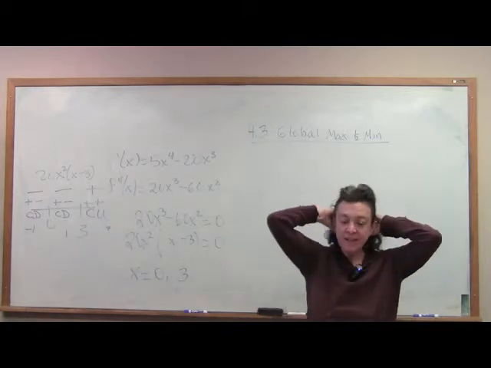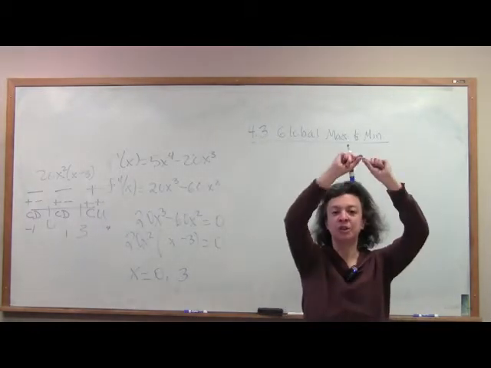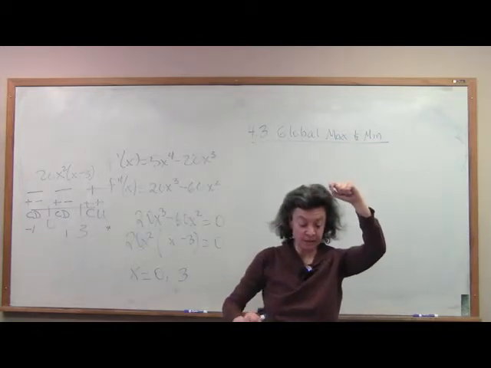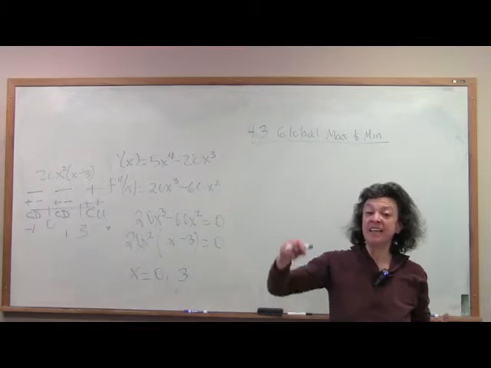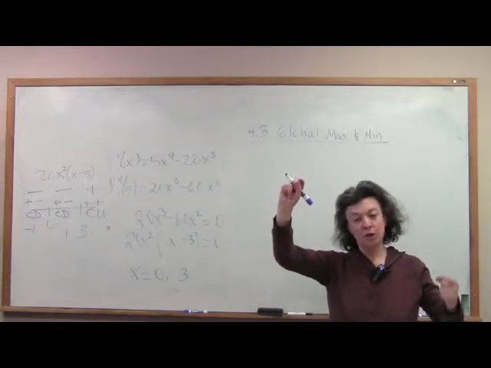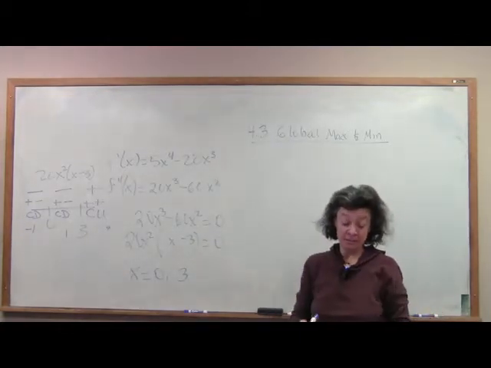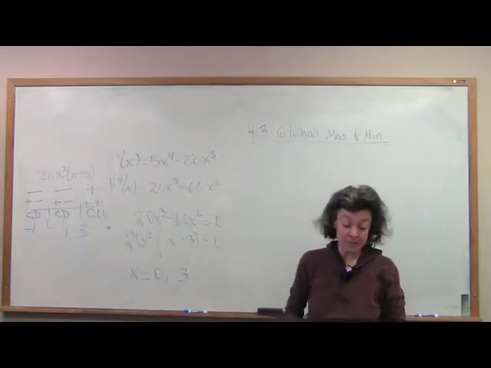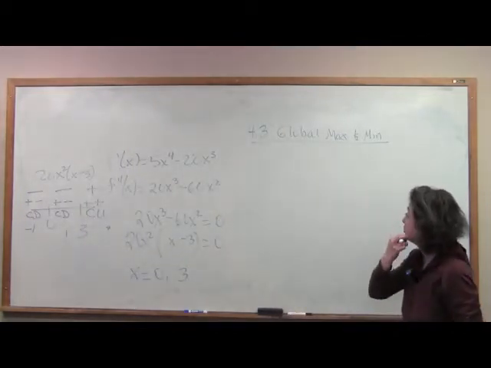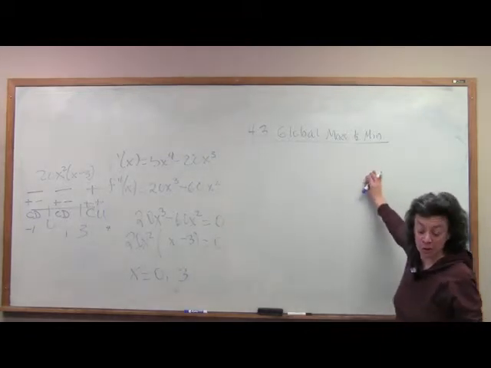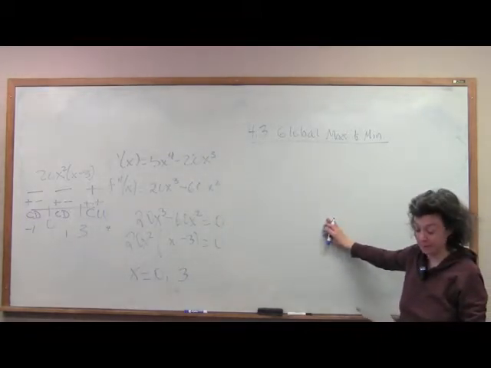Okay, so that tells us in that region who's the biggest and who's the smallest. But what if we're interested in finding the largest or the smallest values of our entire function? Okay, as you probably assume, that's what we call our global max and our global min.